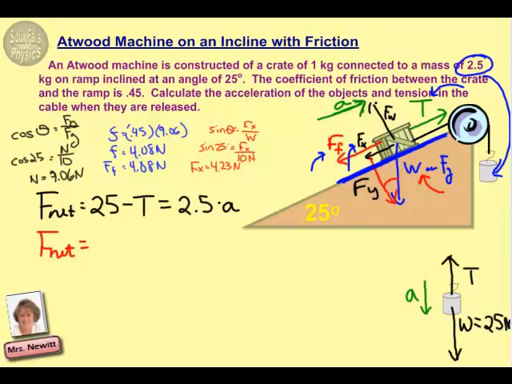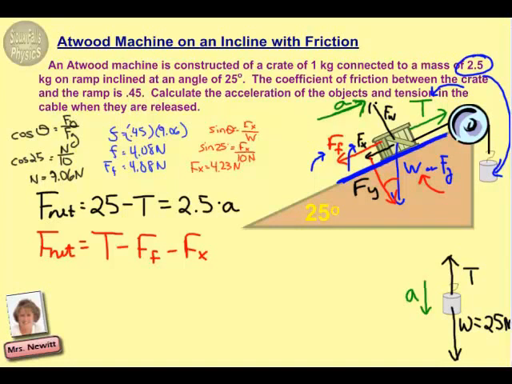So when we get to writing our net force equation for the crate, we're assuming for now that tension is the greatest and that it is greater than the friction and the x component of weight combined.